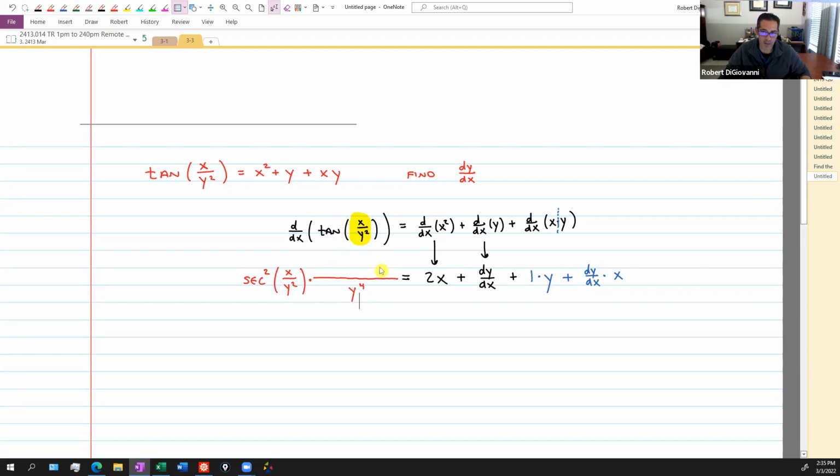It's really the top part that's going to be the tricky part. Let's talk through it, Kevin. When you do quotient rule, you start with the derivative of the top, right?